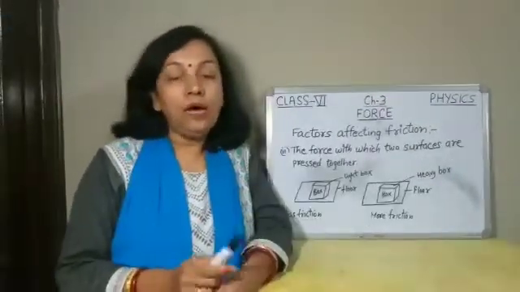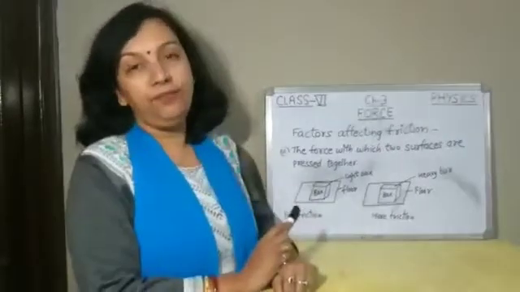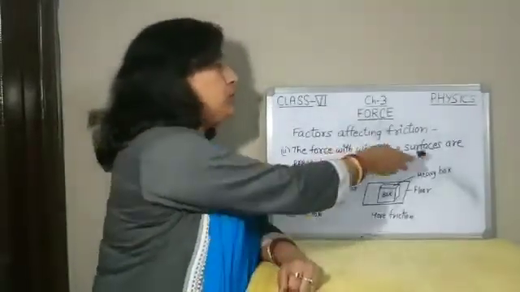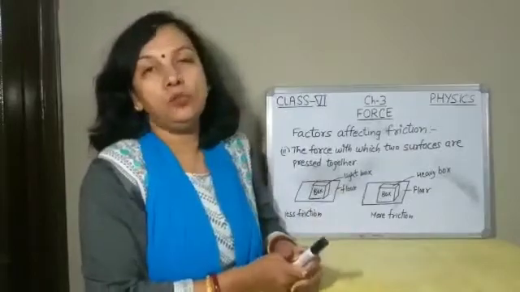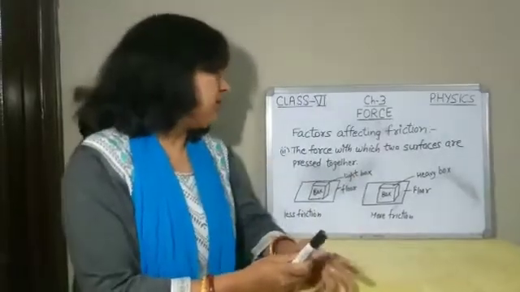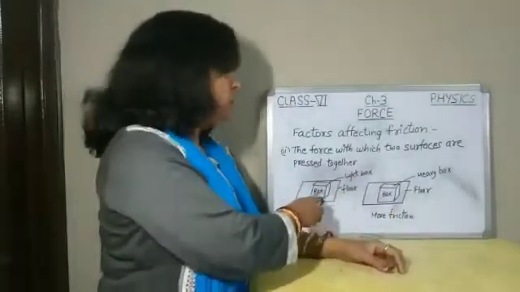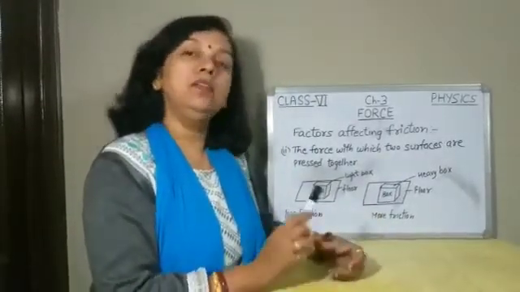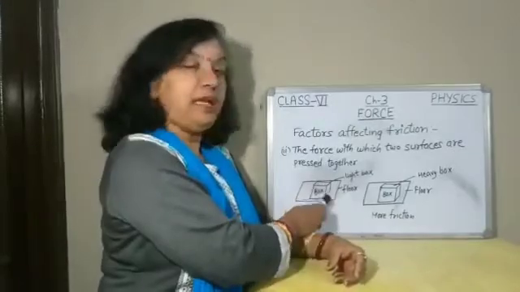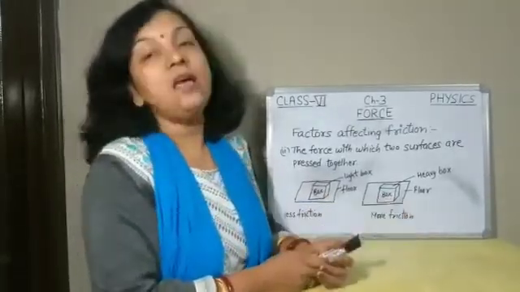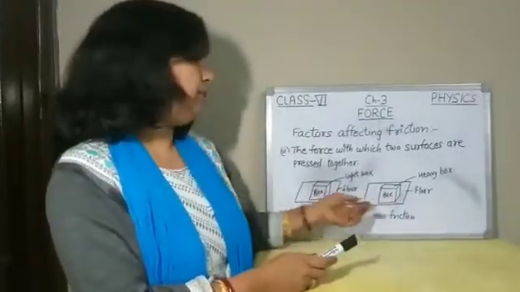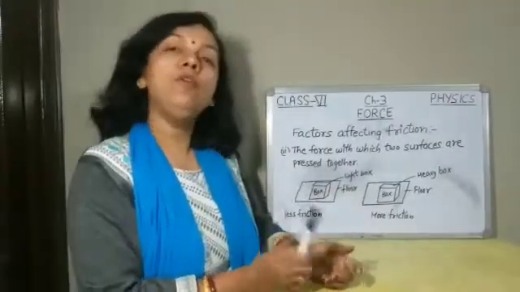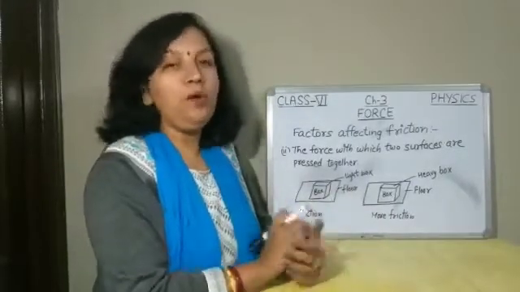Now if we talk about the second factor, the force with which two surfaces are pressed together. For example, if there are two boxes of the same size but different weight, one light box and the second a heavy box, which are kept on the floor, we will push them one by one.